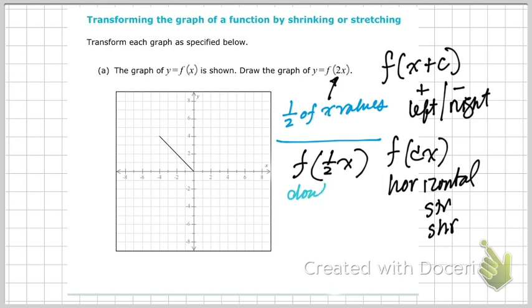This would double my x values. Okay, so actually doing what is given here, this is going to take this random undefined function over here, which is f of x, and to graph f of 2x, I'm going to double all the x values.